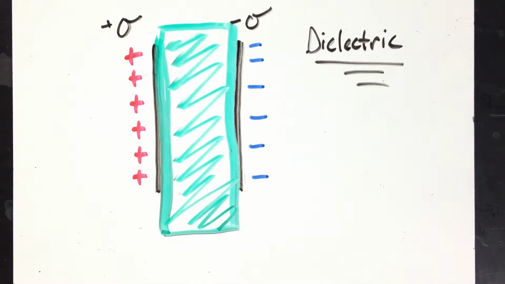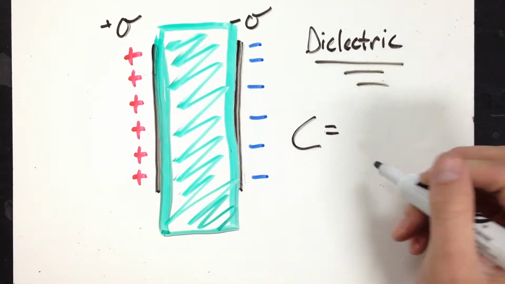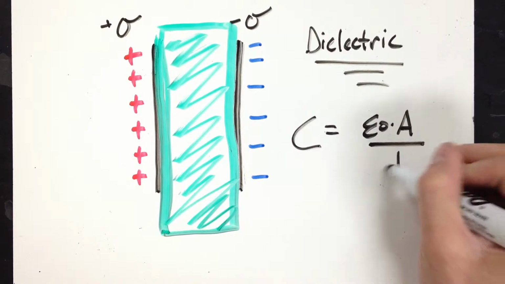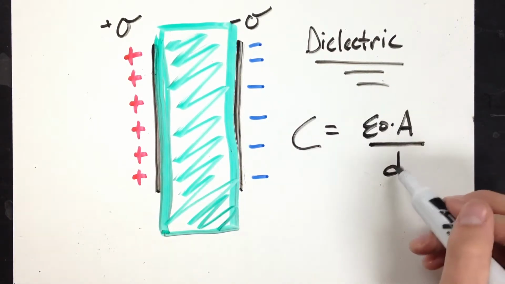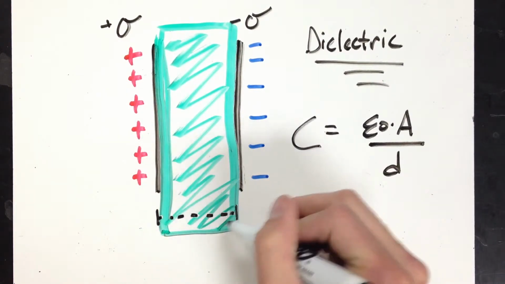And so the capacitance of my capacitor was just equal to epsilon naught times area over d. This is the area of my plates, and this is the distance between those two plates.